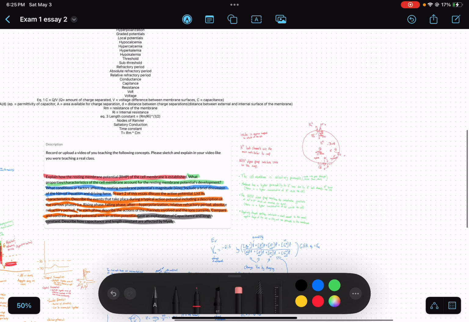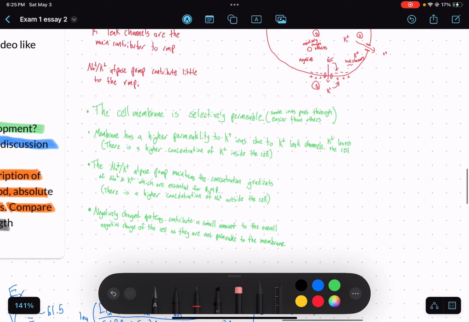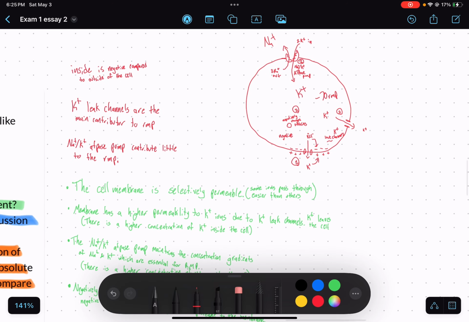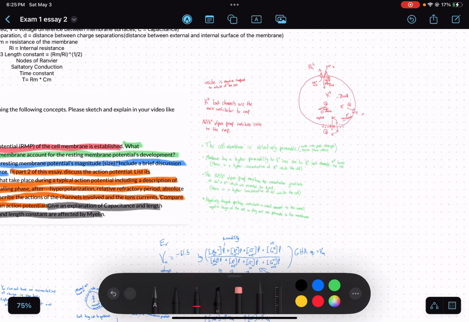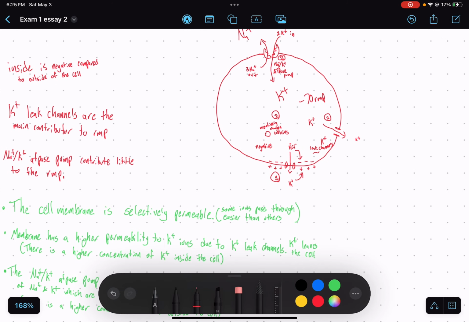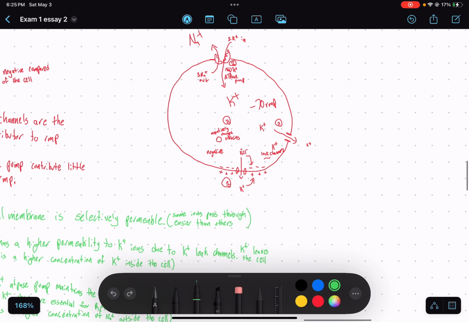Next question we have up is what properties or characteristics of the cell membrane account for the resting membrane potential's development? Here, I just wrote a few things to help us remember some things that I already talked about. So the 3 properties or characteristics are gradients.